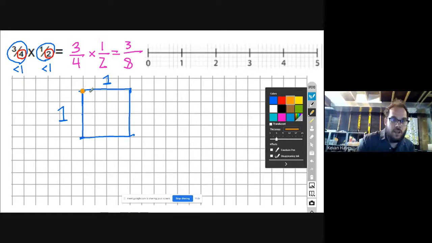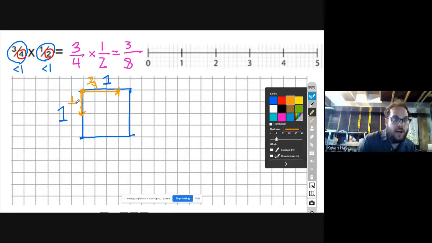So I'm going to do this square in orange. Starting in this corner, I'm going just 3/4 of the way across the width of my square. So there's the 3/4 mark, and this dimension here now in orange is 3/4. And on the other dimension, I'm going to go 1/2 of the way. So I'm going to go 1/2 of 1 unit. So that puts me just right here. There's 1/2 of a unit.